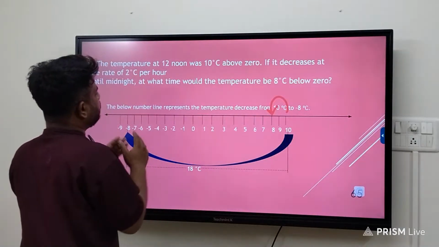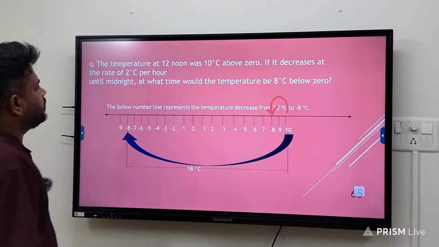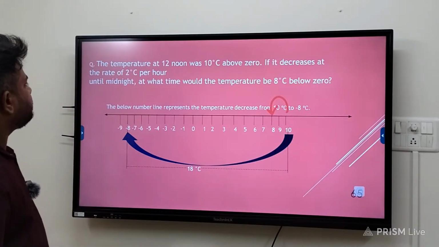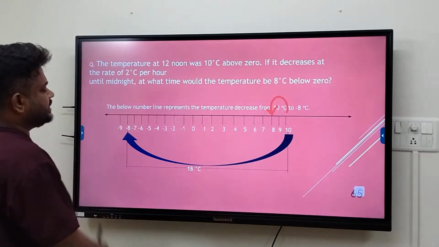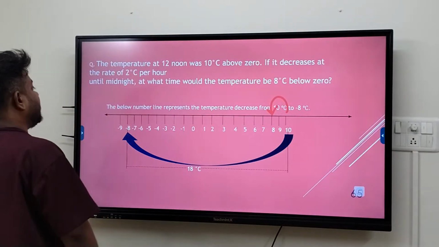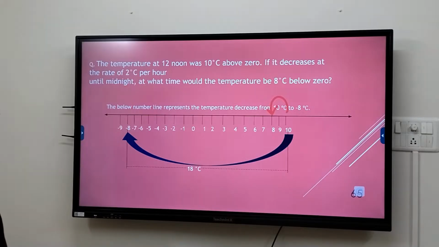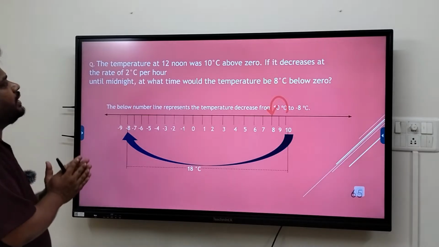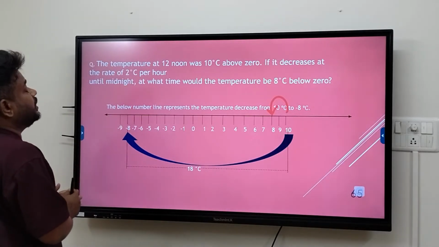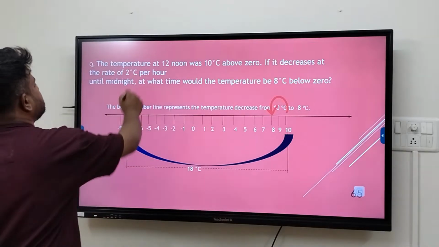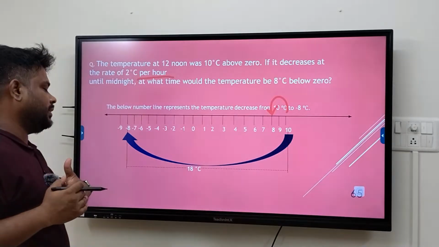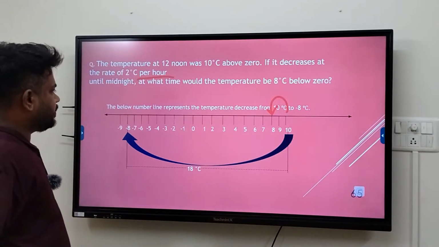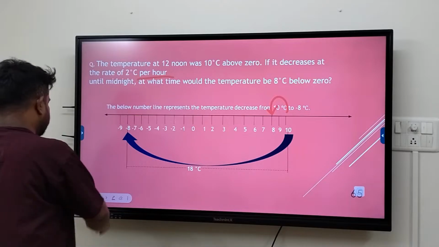So from 12 noon, the total decrease will be 18 degrees, minus 18 degrees. So it will take 18 hours, because per hour it is decreasing by minus 2 degrees. Sorry, the answer will be 9 hours.